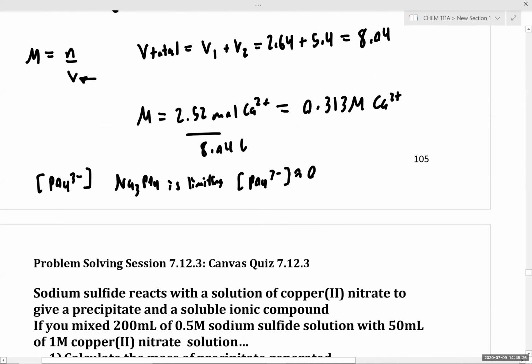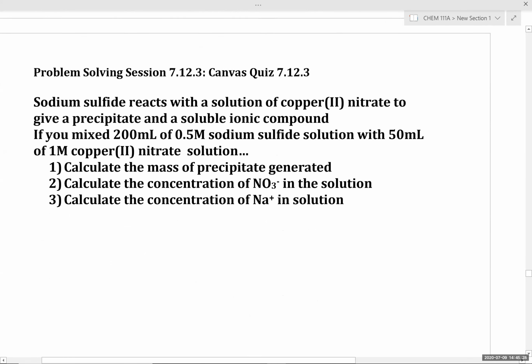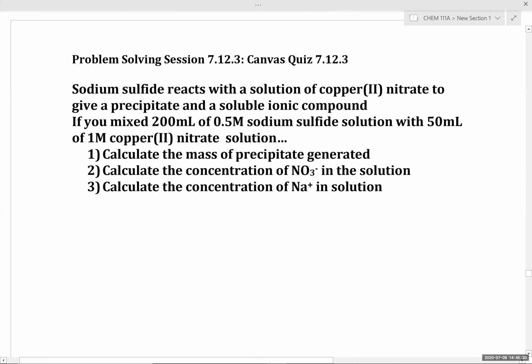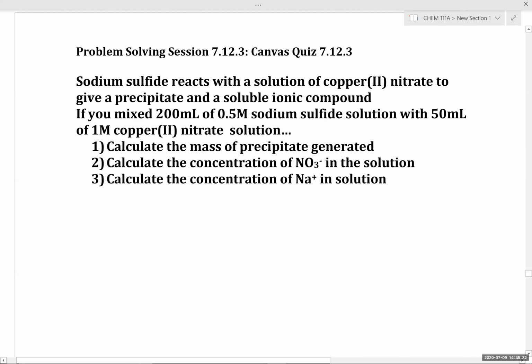So let's try to apply what we've learned to the following example. Sodium sulfide reacts with copper 2 nitrate to give a precipitate. If you mix 200 milliliters of 0.5 molar sodium sulfide with 50 milliliters of 1 molar copper nitrate, I'd like you to calculate the mass of the precipitate generated. But first and foremost, we need a balanced equation.